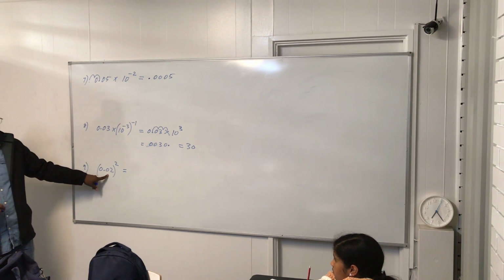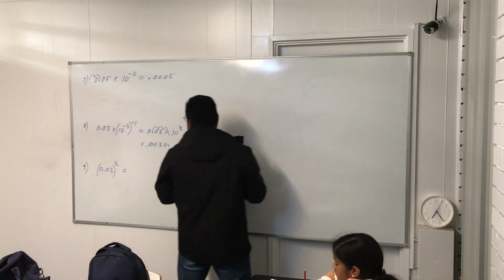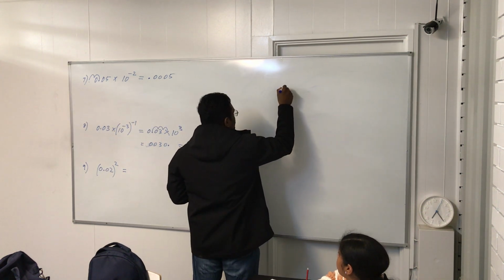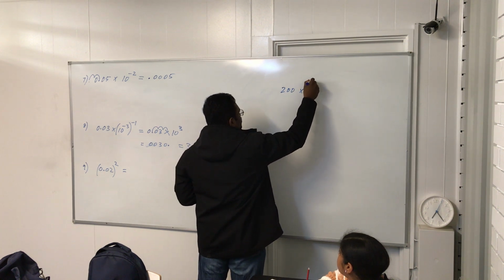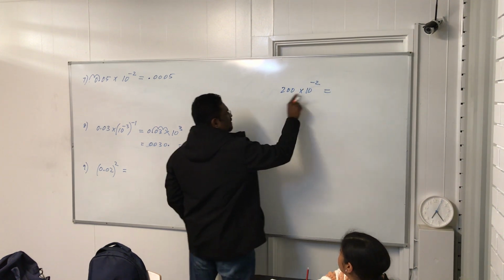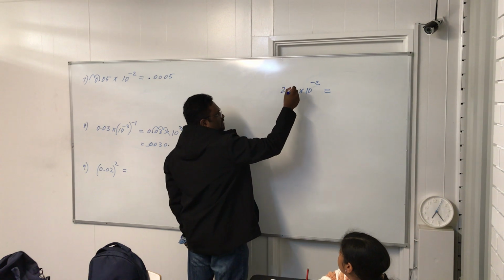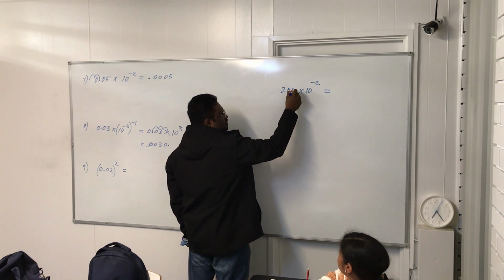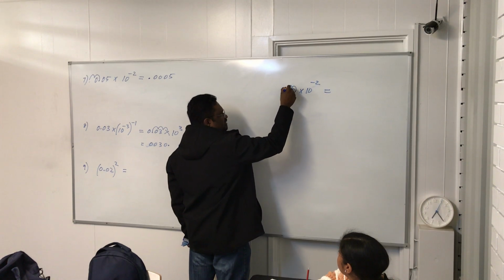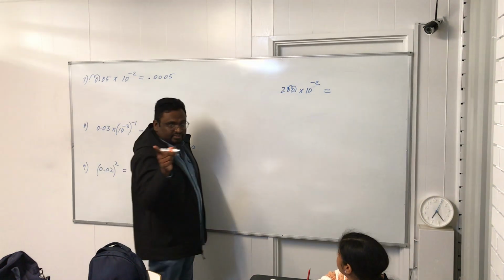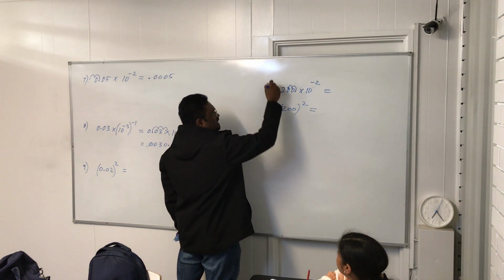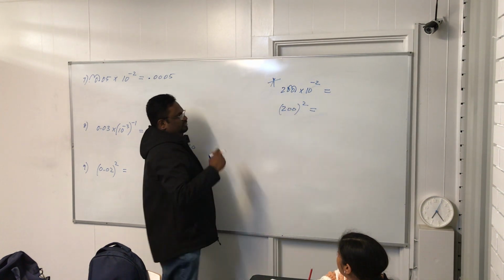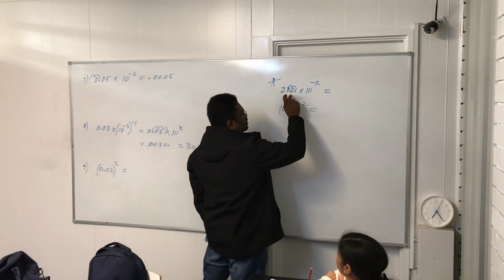So what I'm saying is, if you have 200 times 10^-2, you can move the decimal point to the left. But if you have instead 200 squared, these two are different. So the answer to this one is 2.